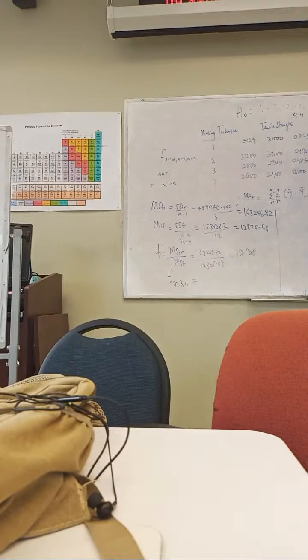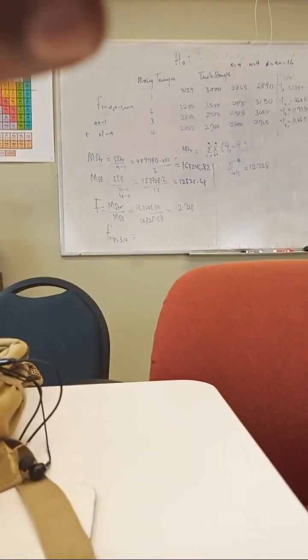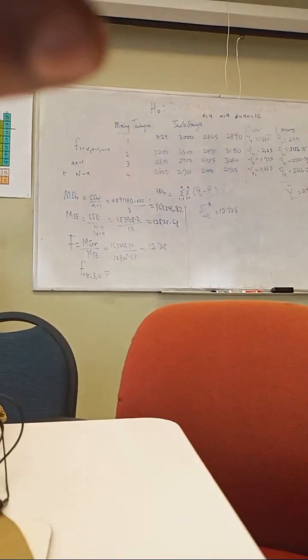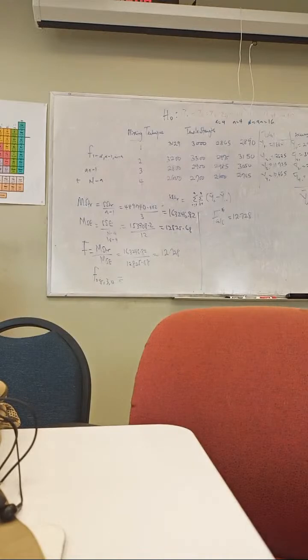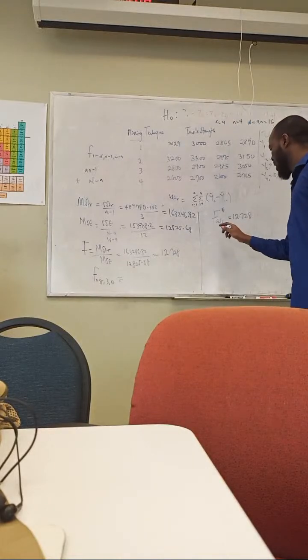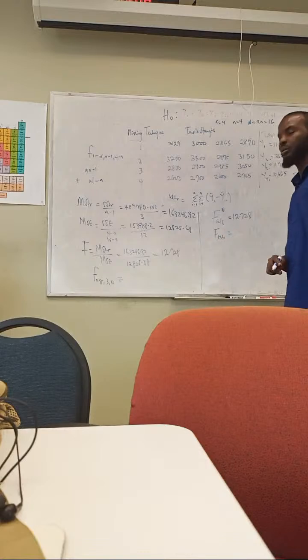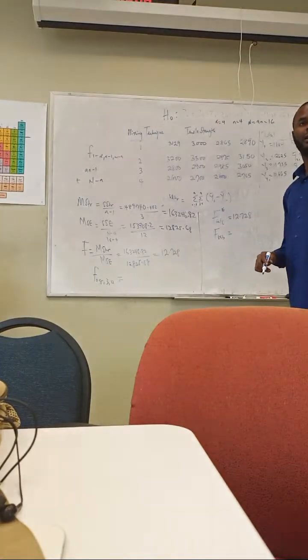So don't forget that our F star, that is our F calculated, is 12.728. When my F tabulated, that means the table value. What is our F table value? What do you get?